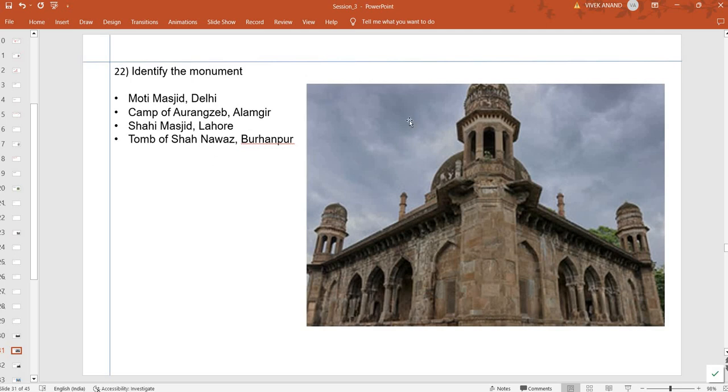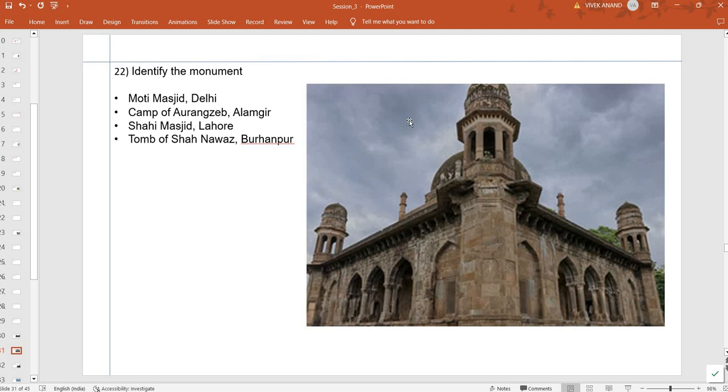Identify this monument. If you see the building material and style, where should it be located based on the style and building material? What should be the location of this building?